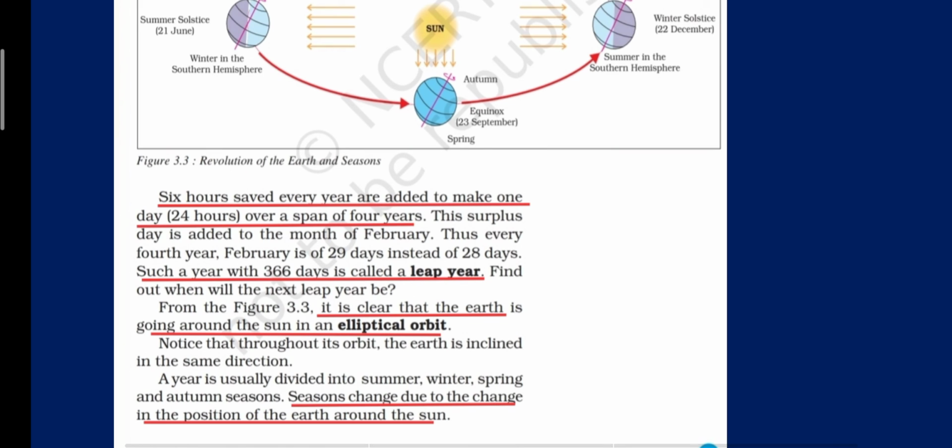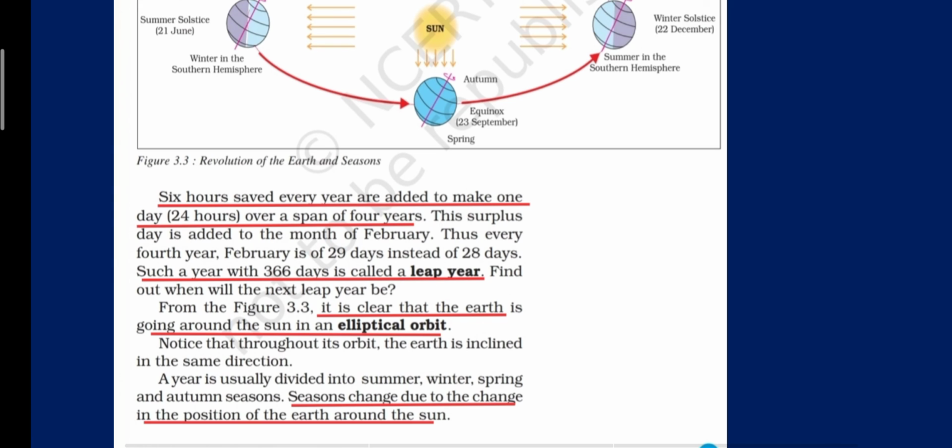A year is usually divided into summer, winter, spring, and autumn seasons. Seasons change due to the change in the position of the earth around the sun. And we all know about the different seasons that the earth experiences in a year. So we have summer, winter, spring, and autumn.